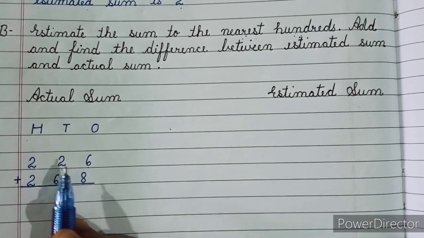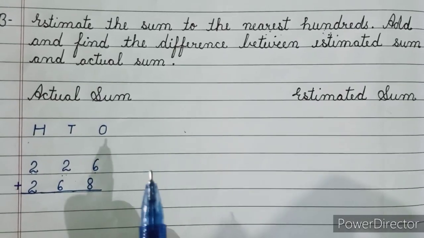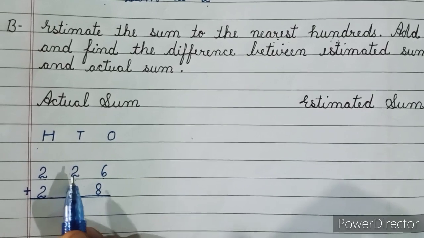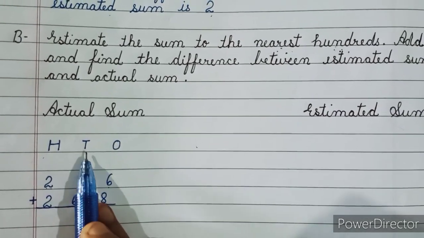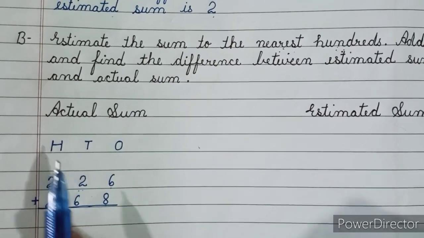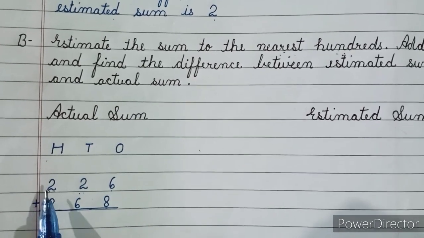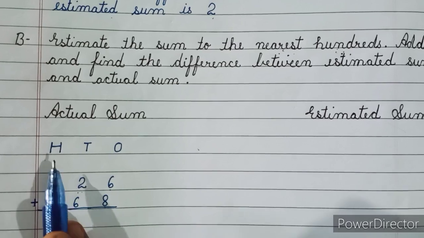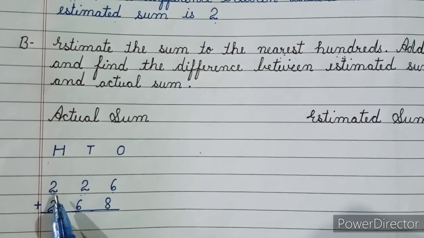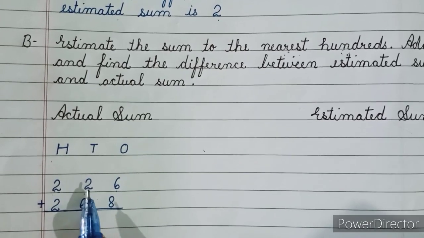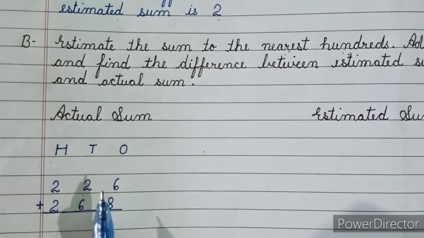Okay? And if the number at the tens place is more than 5, the number at the hundreds place will be increased by one. Okay, and the tens place and ones place will be 0.